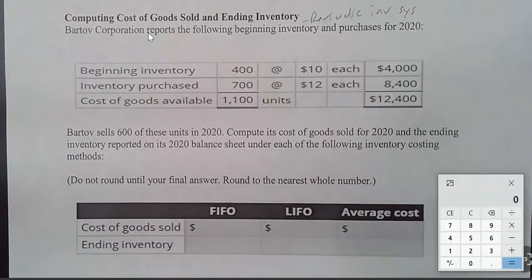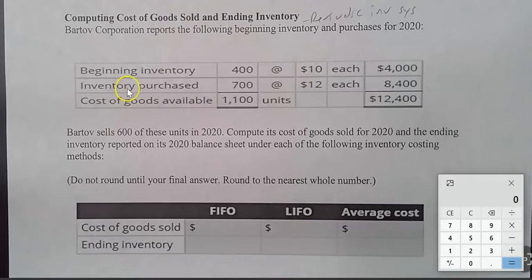So we have a company here, and they have provided us with some data that we're going to need. At the beginning of the year, this company had beginning inventory consisting of 400 units with a value of $4,000, $10 per unit.